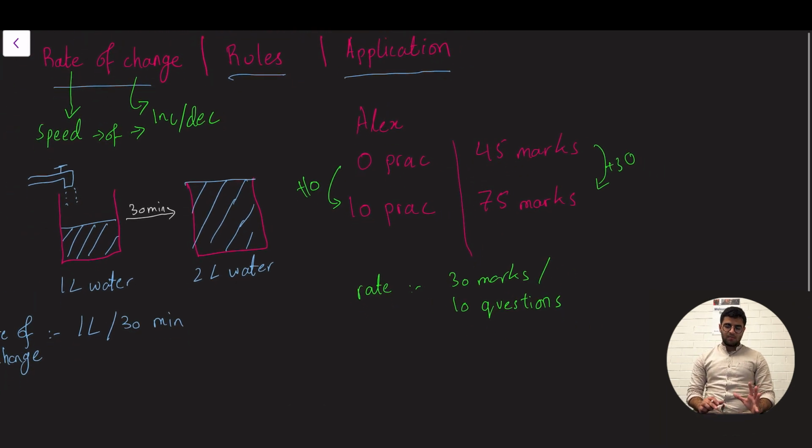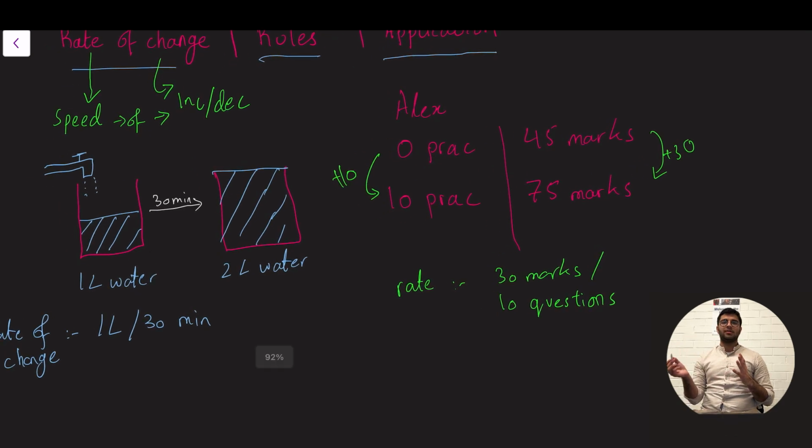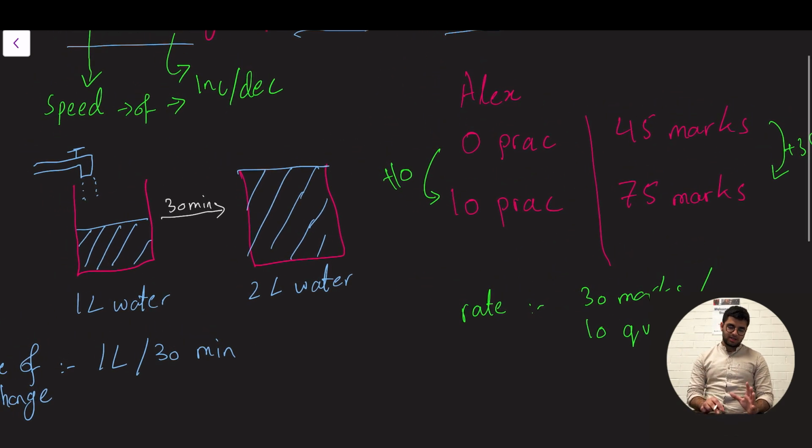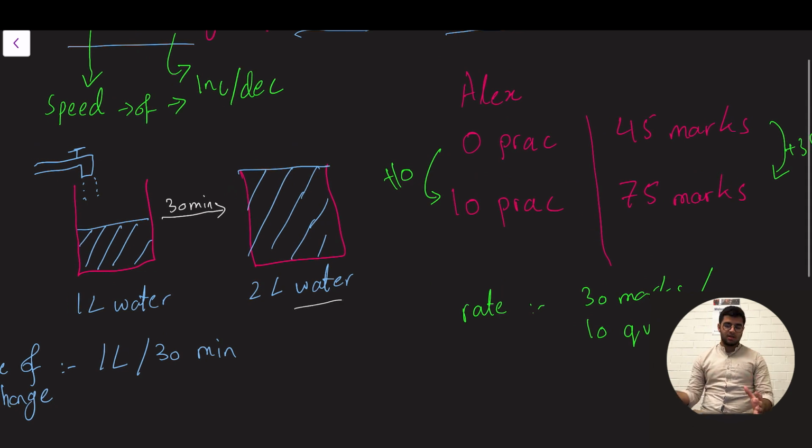Okay, but if you look at these quite closely, you would realize one thing: whenever we talk about a quantity changing, for example, here the water is changing as we're collecting it, it's changing with respect to something. In this case, the water is changing with respect to time, right?